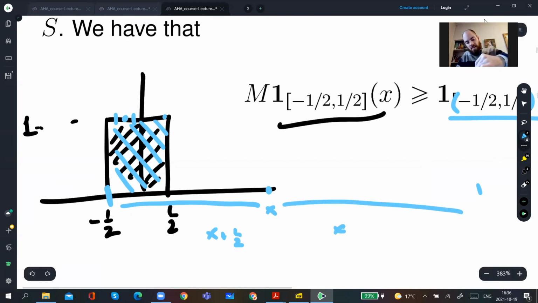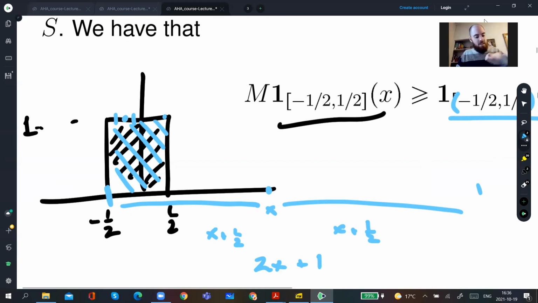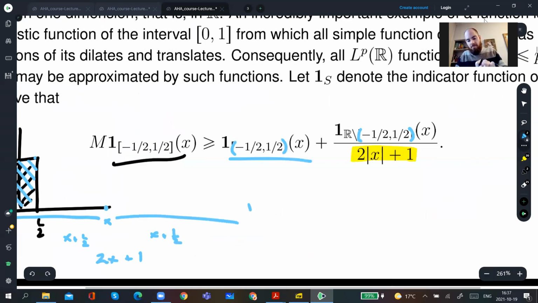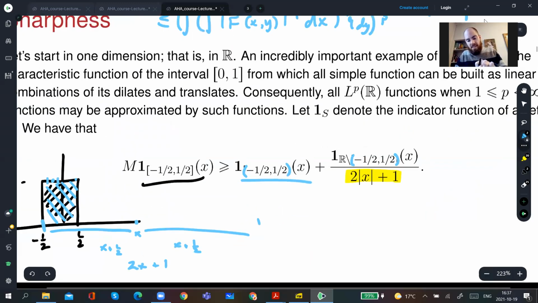So this also has x plus 1/2, which combined gives 2x plus 1 when x is positive because I've drawn it on the right. But similarly, just by reflection, you get the same when x is less than 0, when x is negative. And that is how you get this second term. It says that whenever x is not inside that support, you get this bound.